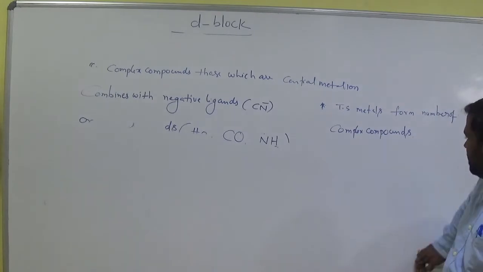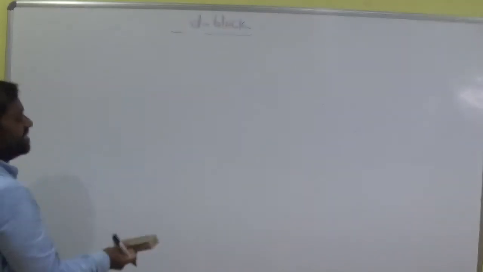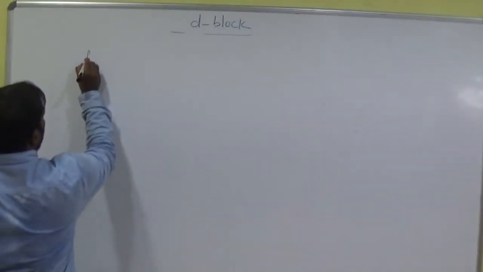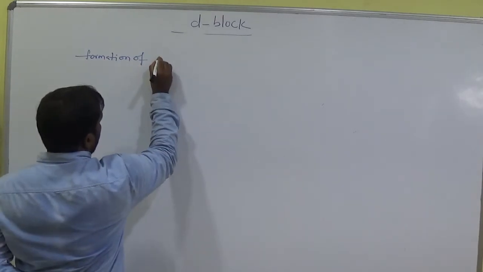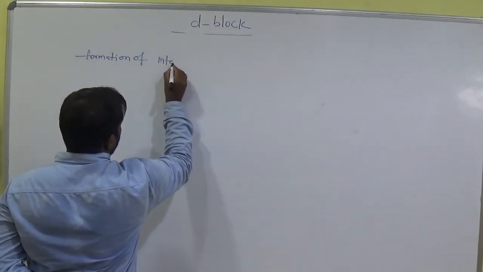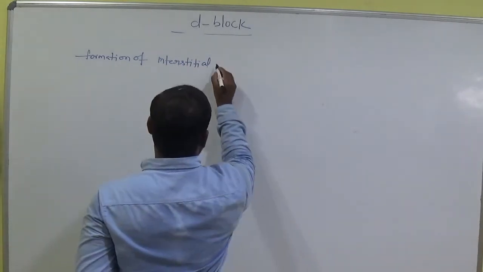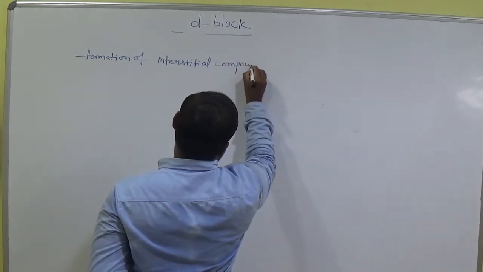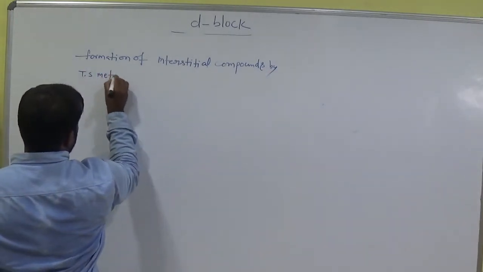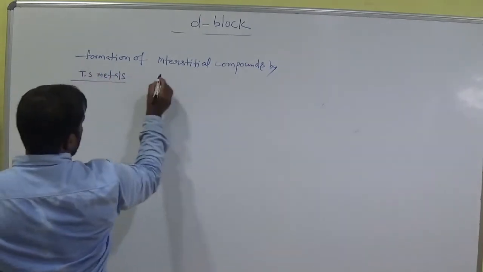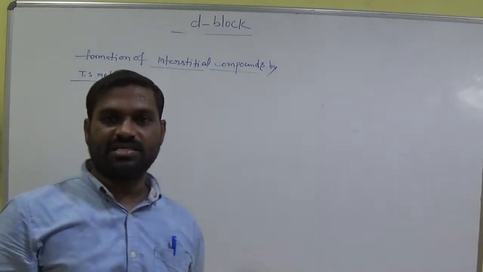And the next property in d block is the formation of interstitial compounds by the transition metals.